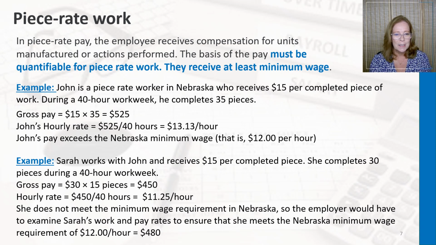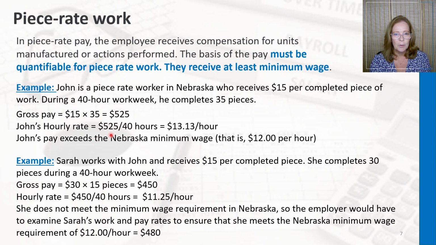Let's look at two examples. John and Sarah both work in Nebraska, and they actually work together. John is a piece rate worker who receives $15 per completed piece of work, and Sarah gets the same amount. During a 40-hour work week, he completes 35 pieces, and so his pay would be $525 because 35 pieces times $15 is $525.